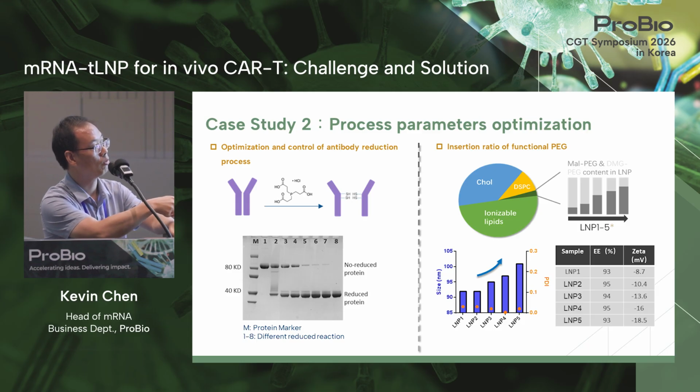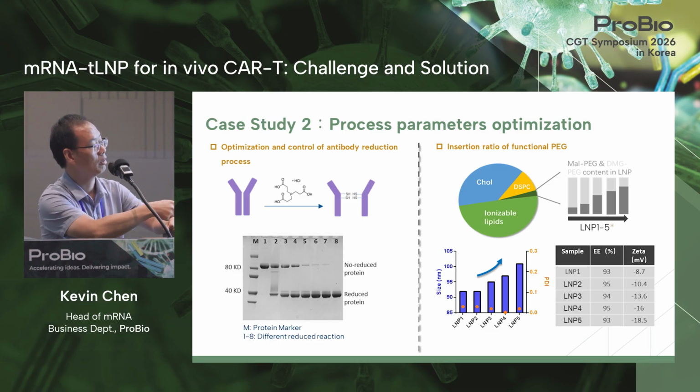You can see on the top right figure, the total PEG ratio is 1.5%, and we increased the maleimide-PEG ratio, which is used for linking the antibody, from a very low level to almost 1% in the final formulations.